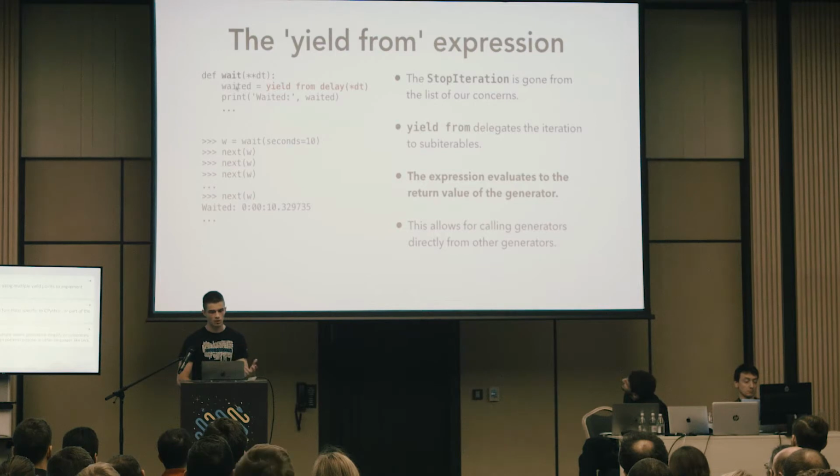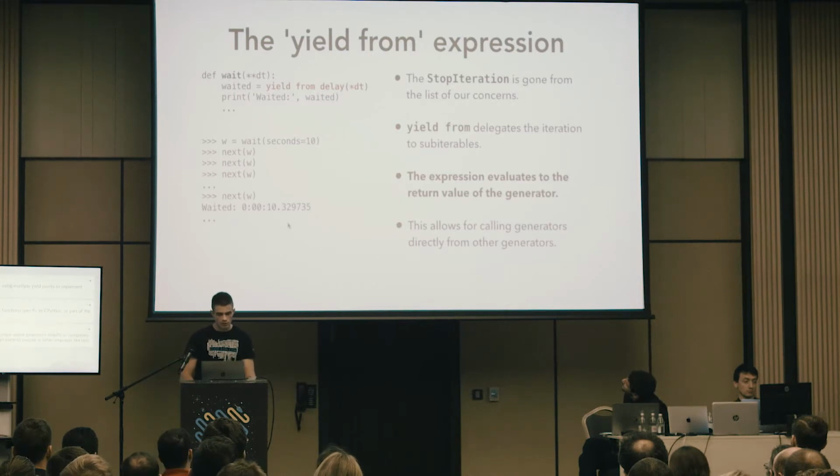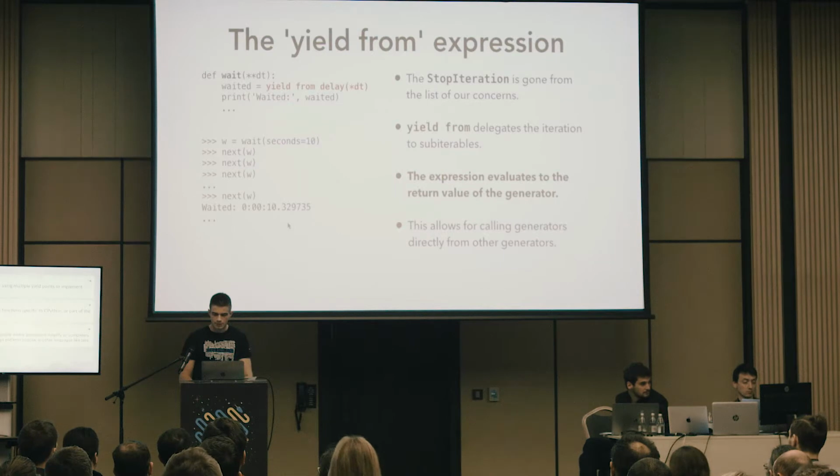And again, just as before, it gets assigned, and then you print, and then move forward. So the yield from actually allows you to call the generator almost natively. It's almost like a function call, but not really. So that's the yield from.